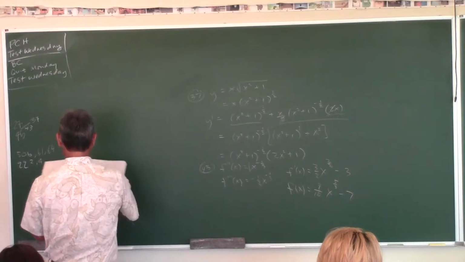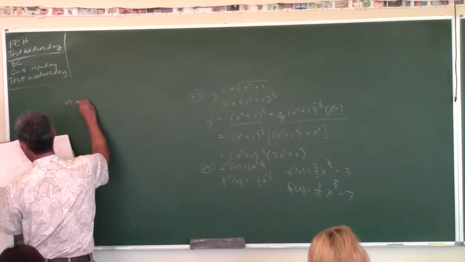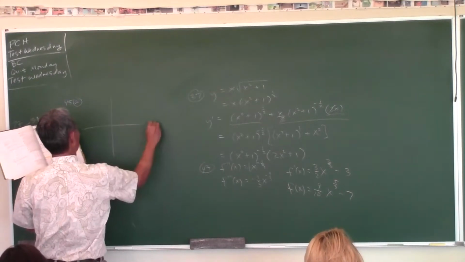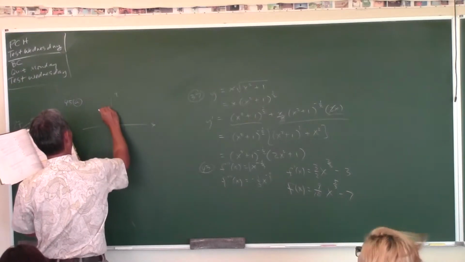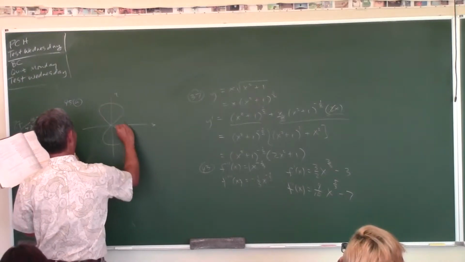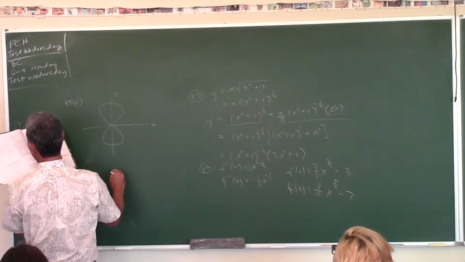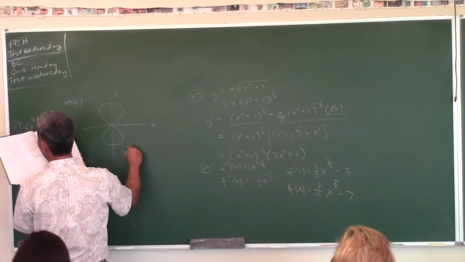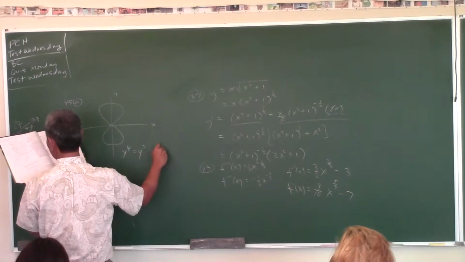Okay, let's do 45. Now in 45A, they give you a graph, this figure 8 looking thing, and they give you the equation of it: y to the fourth is equal to y squared minus x squared.